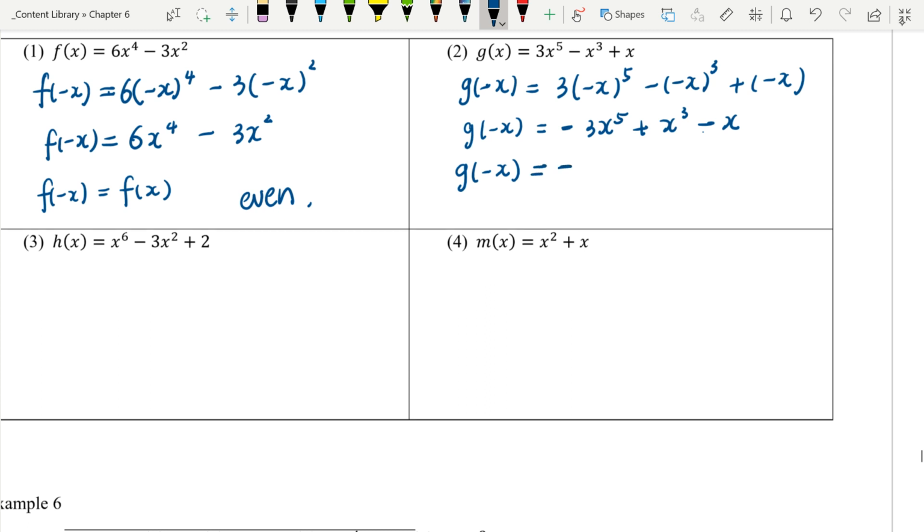If I take the negative sign out, then this function is exactly the same as the original one. So that equals negative g(x). So it satisfies the negative of the original, therefore that's an odd function.